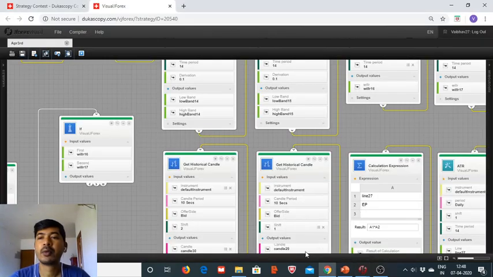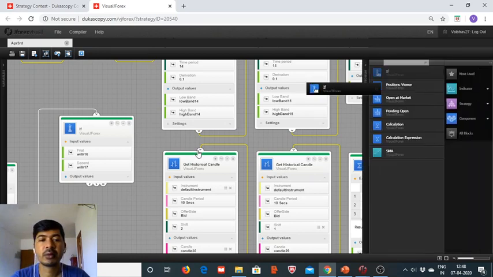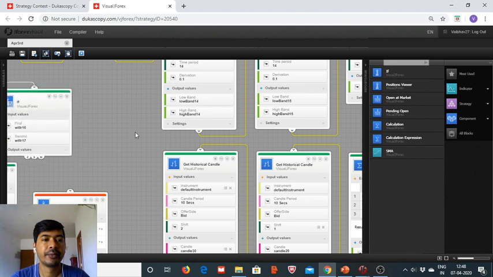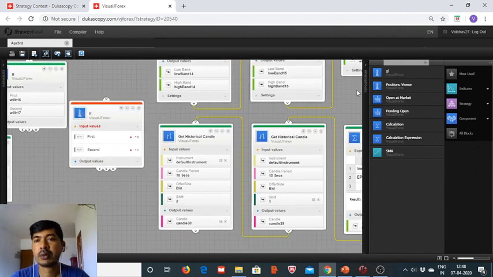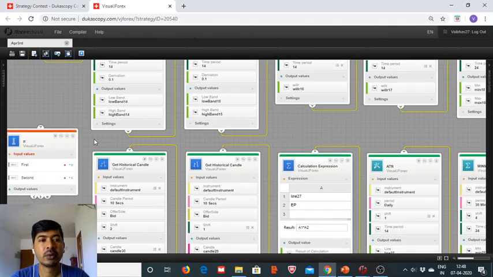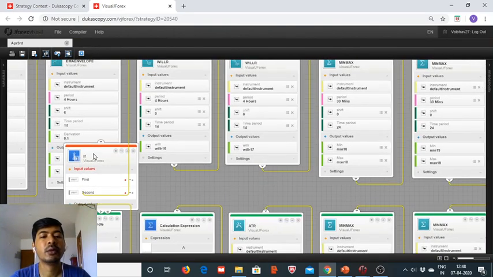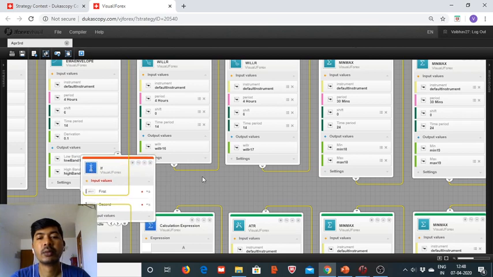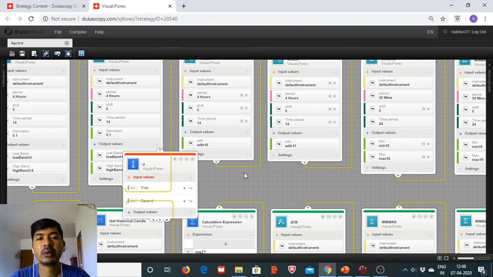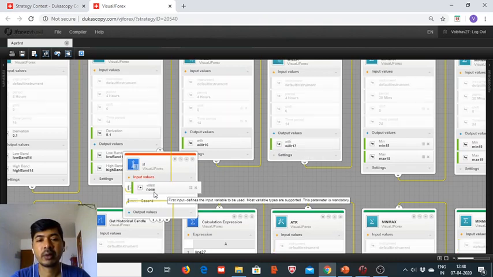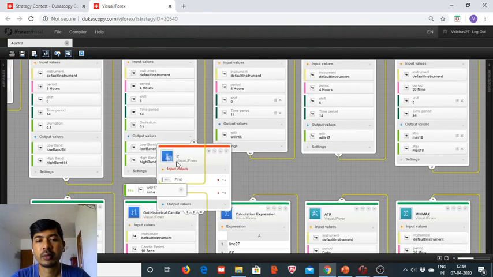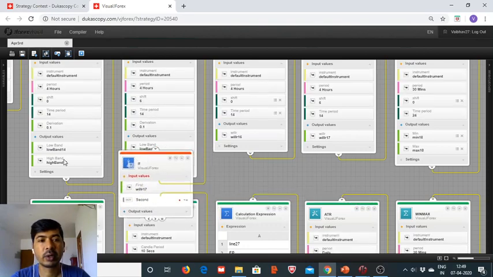So now we take another if condition. So here we take the Williams-R, okay, we got it.